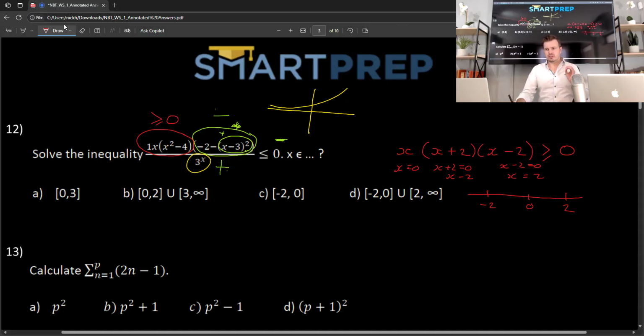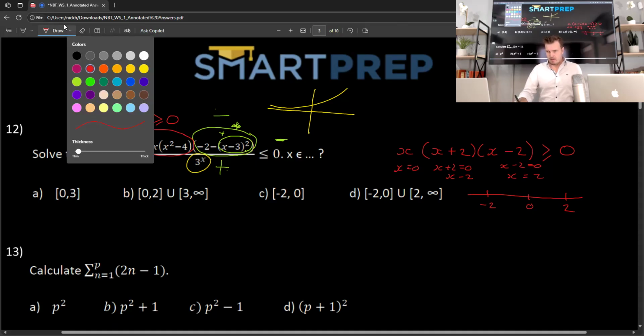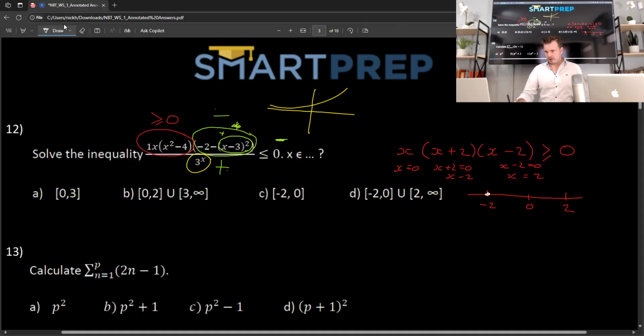Now for this, what you have to do is test to see, when we put in one of these values, we get a 0. But at those values is where it changes from positive to negative.